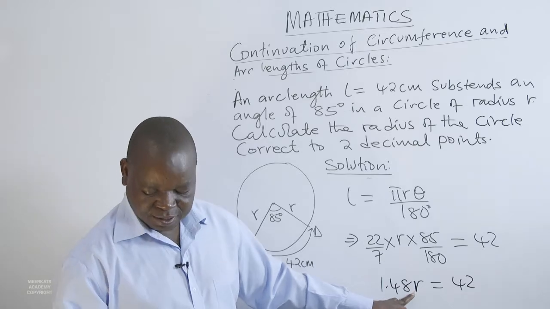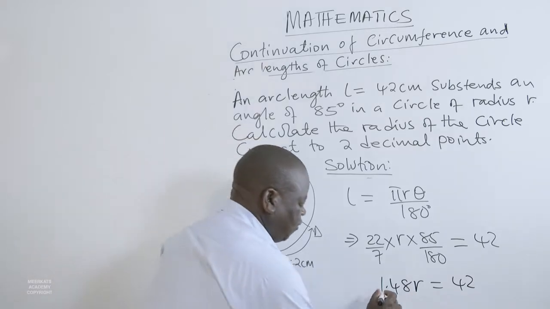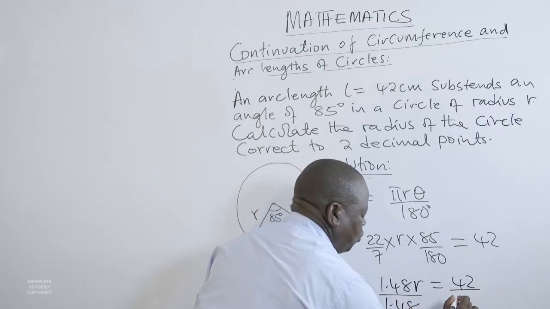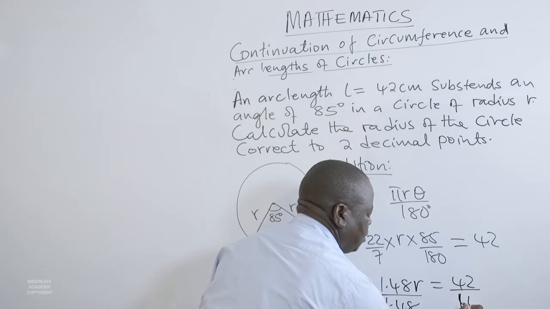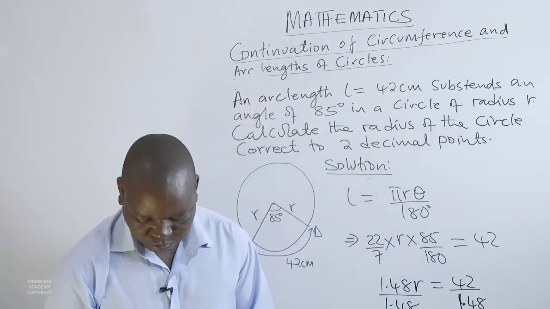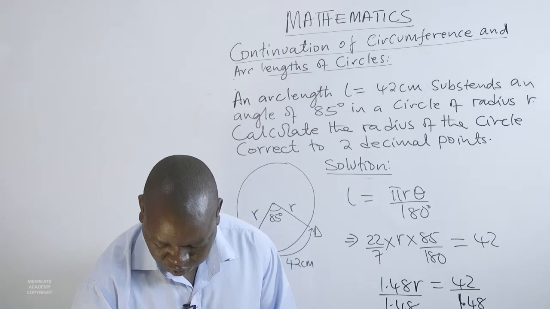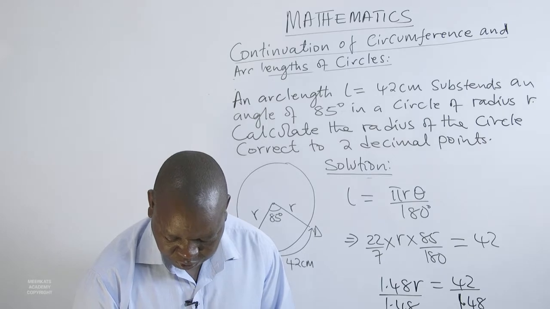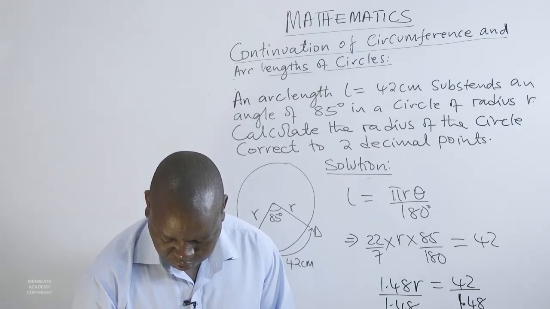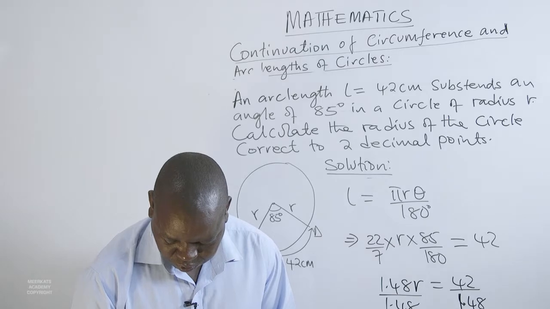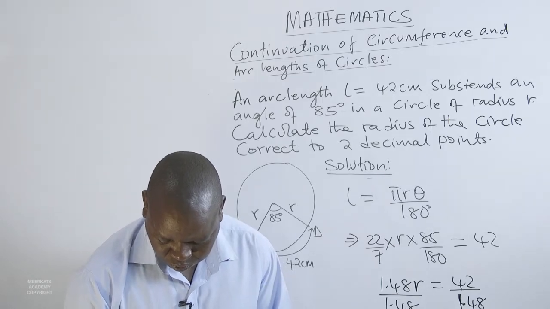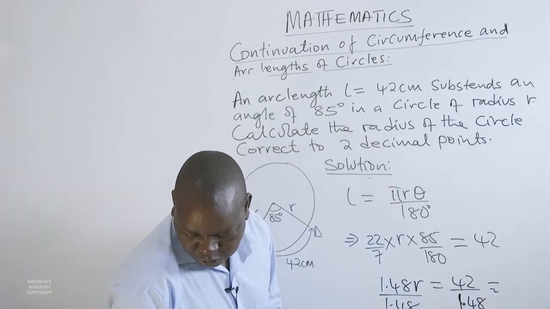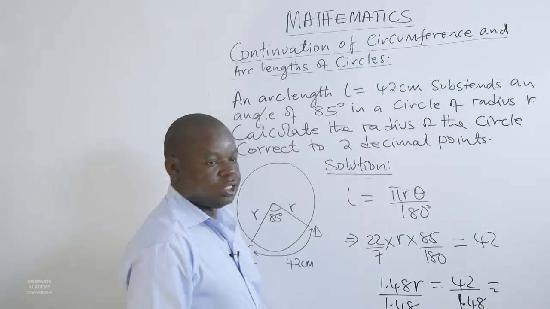So we now get the value of r, and to get the value of r, we divide throughout by 1.48. Divide throughout by 1.48, and that should be able to give you, if you work it out, approximately 28.38.